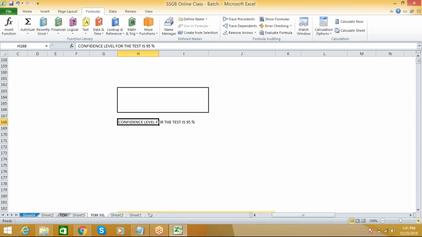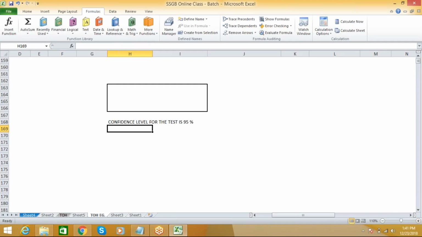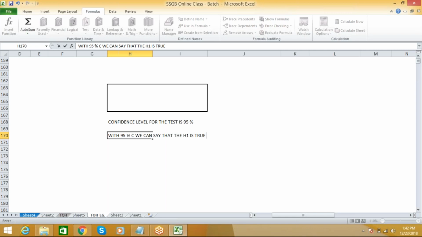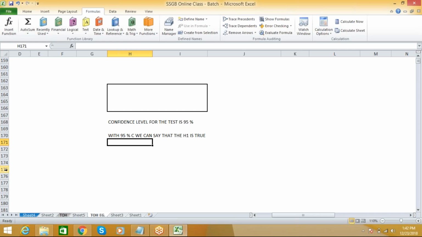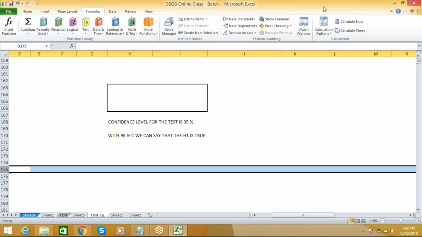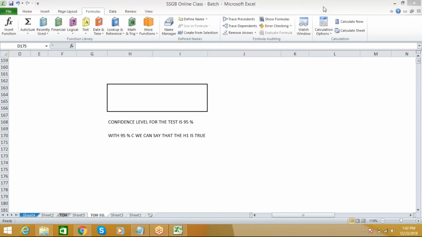Confidence level of 95% means that with 95% confidence, we can say that the H1 is true in this example. Now, what is the error or the risk which we are taking over here?